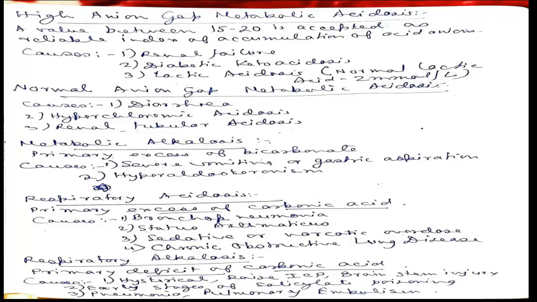Causes are: it may be hysterical, rise in intracranial pressure or brainstem injury. Early stages of salicylate poisoning also cause respiratory alkalosis. Pneumonia and pulmonary embolism also cause respiratory alkalosis.